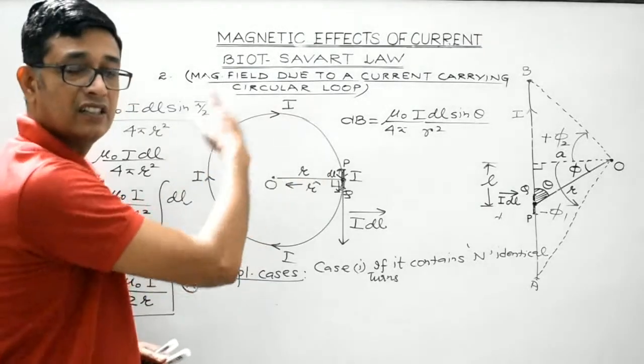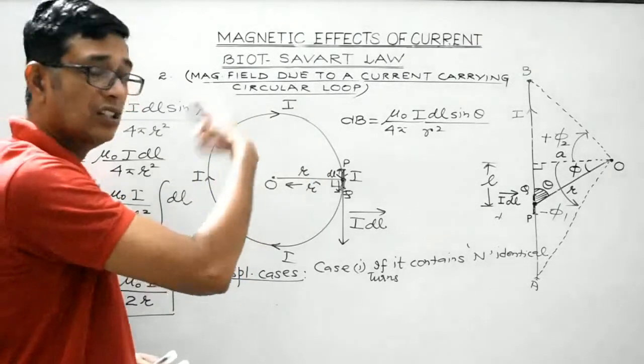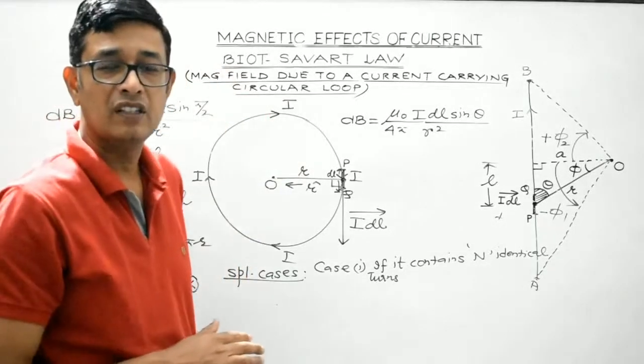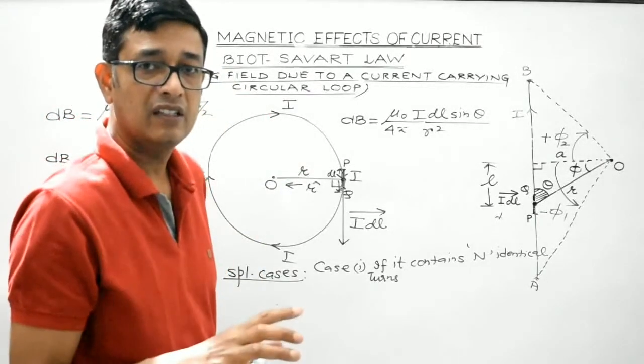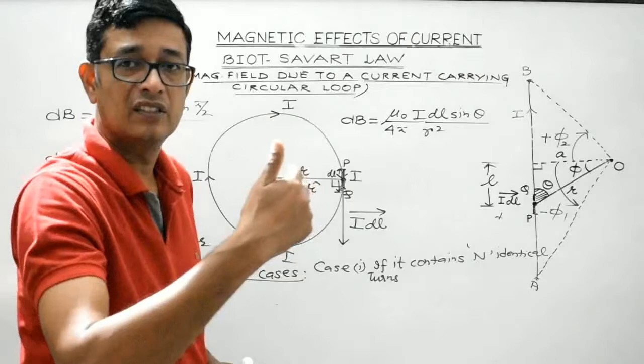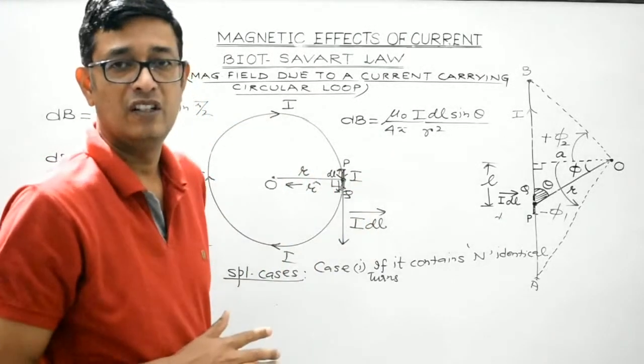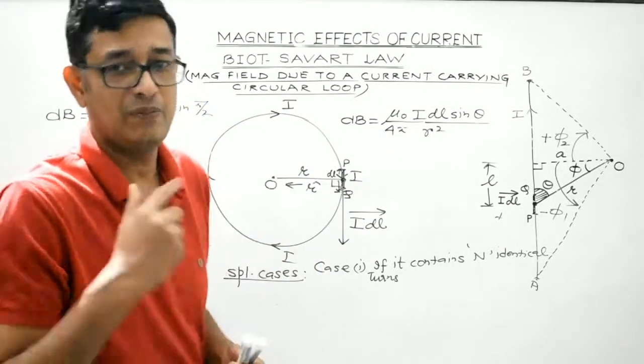Due to the second turn, it will be again directed inwards. Due to the third turn, it will again be directed inwards. And magnetic field being a vector quantity, and due to all the turns, the magnetic field is directed in the same direction, so it will get vectorially added up.